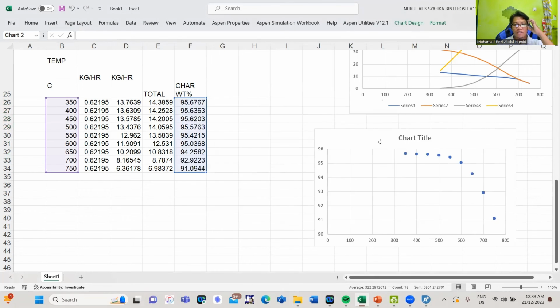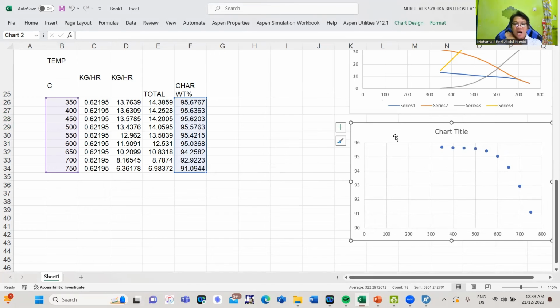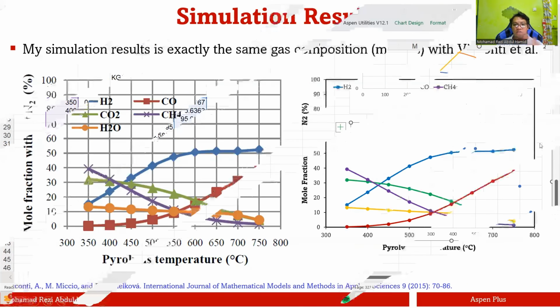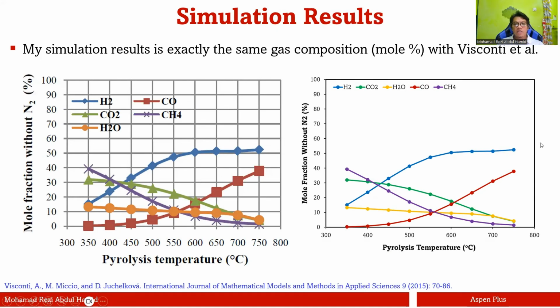All right, so basically I have prepared two plots, but I'm not going to do anything here. I'm going to present all of my findings in my slides. So let's go to our slides. All right, guys, I have compiled the result. The one on the left is basically the result by Visconti et al. from the paper.